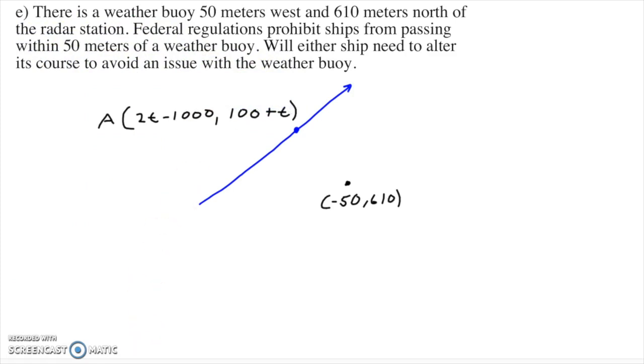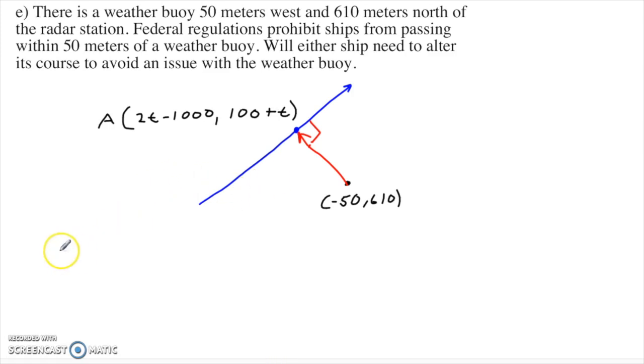And we're going to think about the vector that connects the weather buoy to the Aberdeen Fisher's position. And again, we want to make that perpendicular to find the minimum distance that's going to happen between that ship and the buoy. Now you may notice that I just drew this to look like the last picture. I'm not really concerned with whether this ship is actually passing above or below or to the left or to the right of this weather buoy. I just want a picture to help me visualize what's going on.